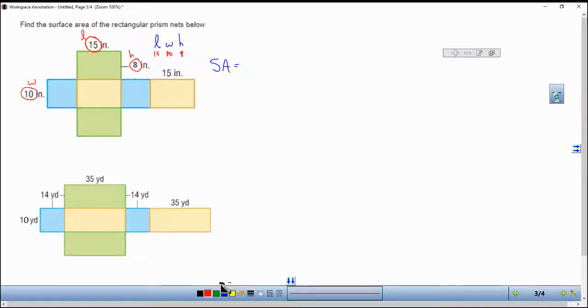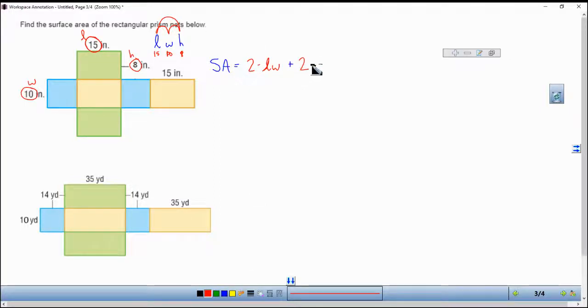So now we're going to do the bumps. Bump, bump, mega bump. First bump is LW. Got to remember that there's two of those, so 2 times LW. Plus, what's the next bump? WH.